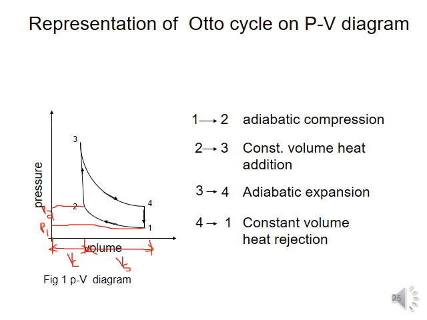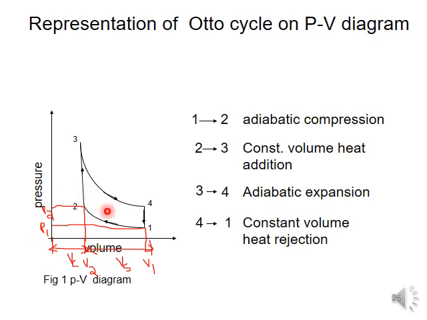At 1 to 2, the pressure is increasing from P1 to P2, whereas the volume is decreasing. Here the volume is V2 and here the volume is V1. V1 is more than V2. So volume is decreased from V1 to V2 and the pressure is increased from P1 to P2.